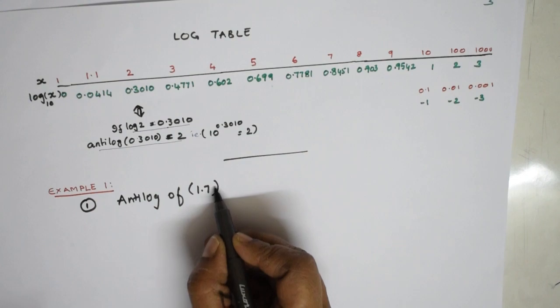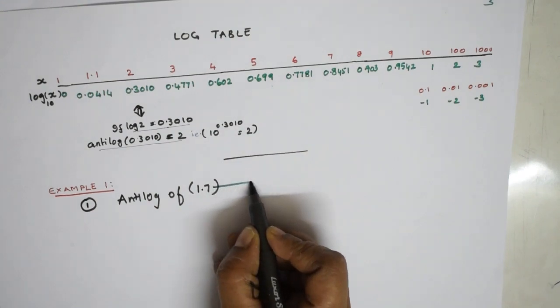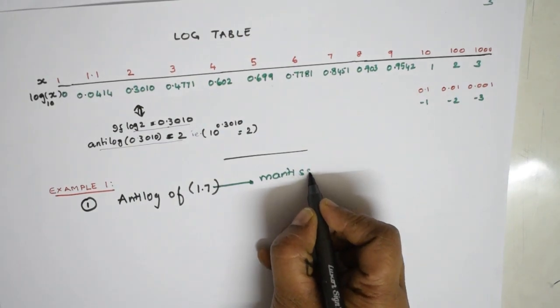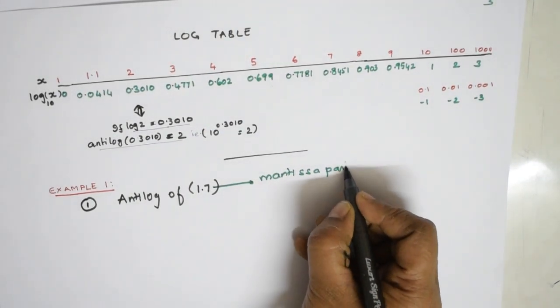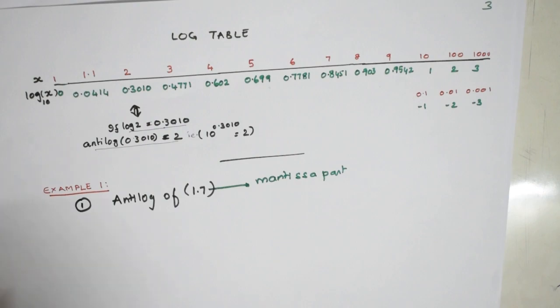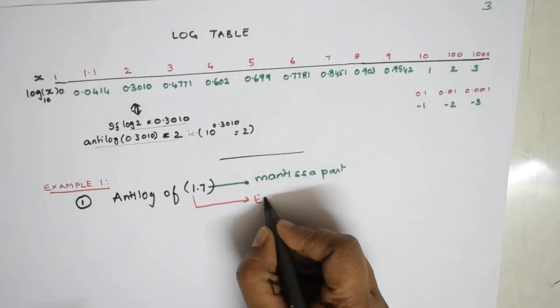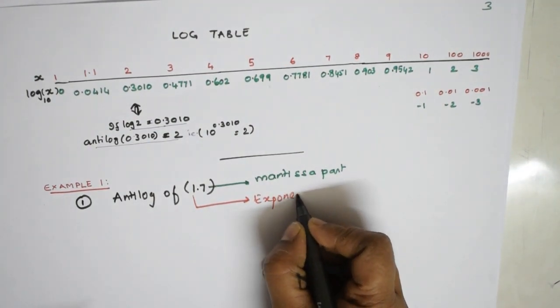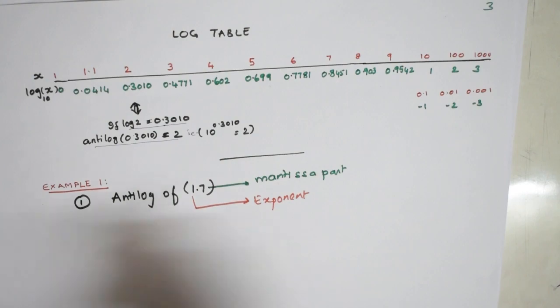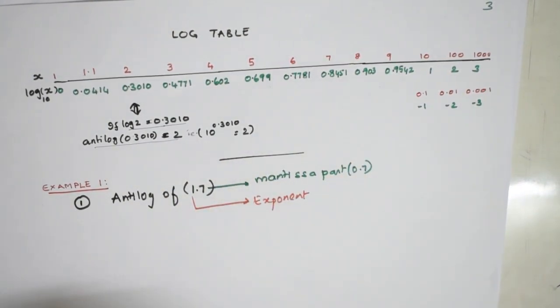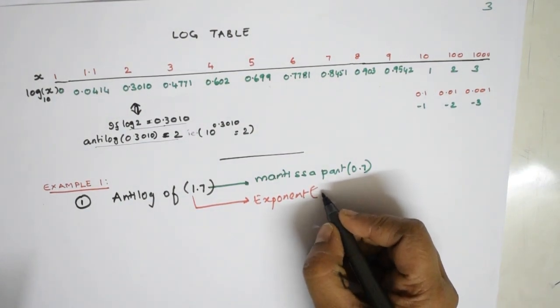The first part is called the mantissa part. Mantissa part. And the second one is called the exponent part. So the mantissa part is nothing but 0.7. Correct? What is the exponent part? The exponent part is nothing but 1.